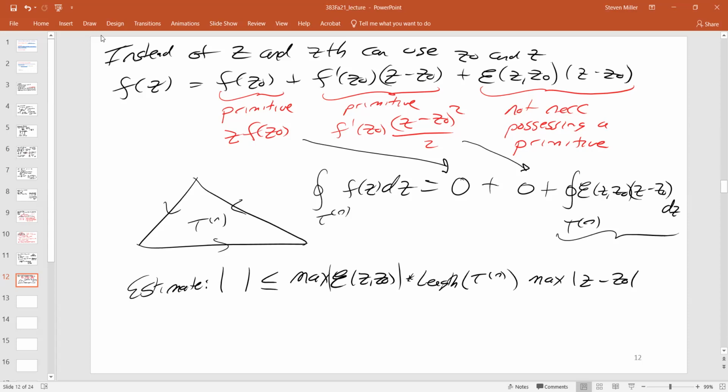So do we agree that if I want to estimate the integral, worst case, take the largest value of the error function, take the length of the triangle, and take the largest value of z minus z naught? Or just what I'm integrating over. Yeah, the perimeter. Length of perimeter.